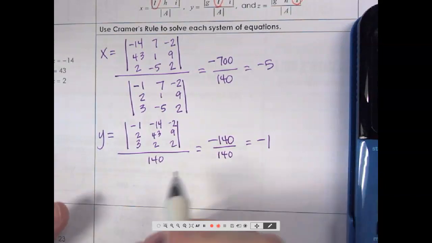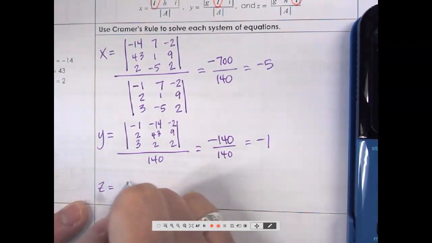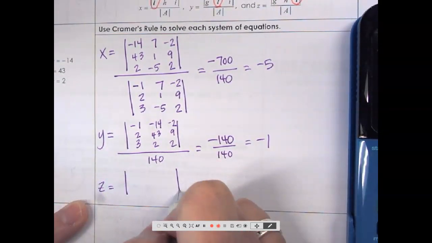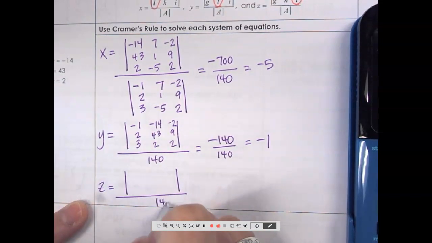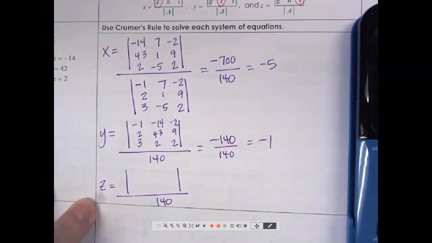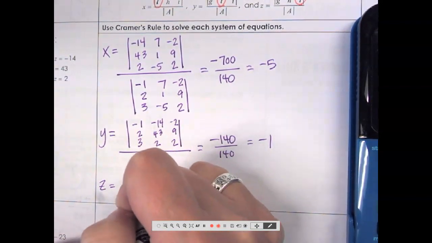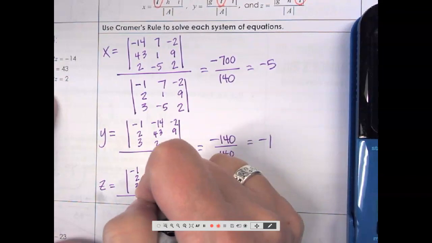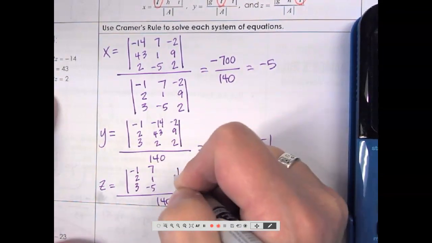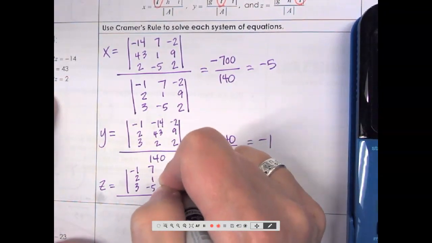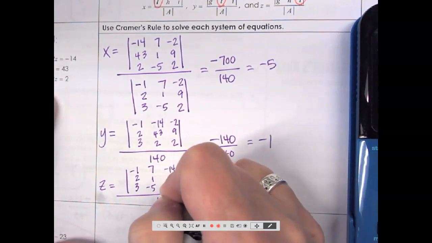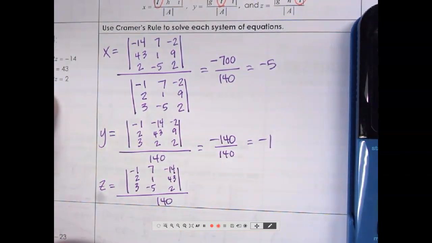Okay, I'm going to go ahead and set up Z then. So to find Z, I need a 3 by 3 over 140. Okay, first column is X's. Second column is Y's. Third column is Z's, but I'm solving for Z, so I don't use the coefficients. I use the constants in their place.